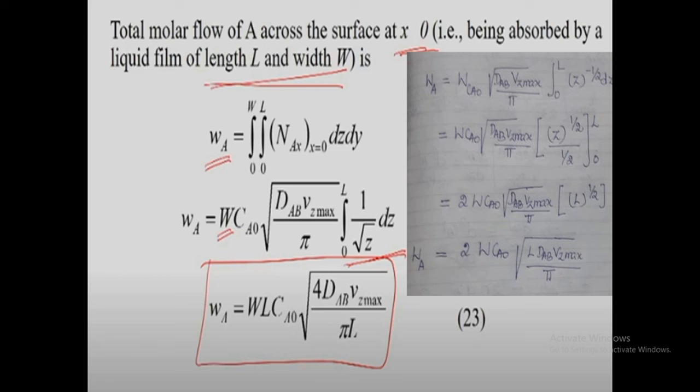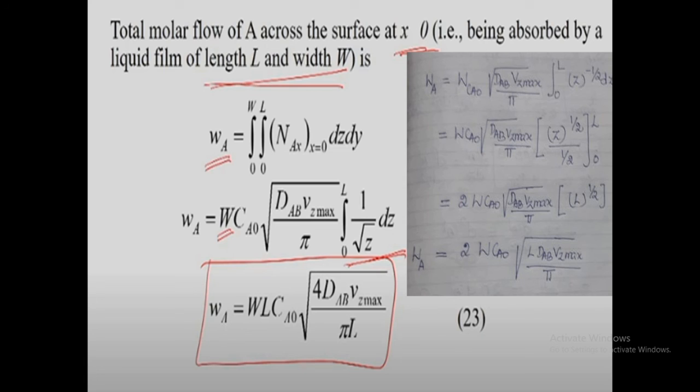So first we are going to concentrate on dy, integrating with respect to y. With respect to y we simply get the y value, so substituting the limits 0 to W, we get only W. Okay, are you clear? Okay.